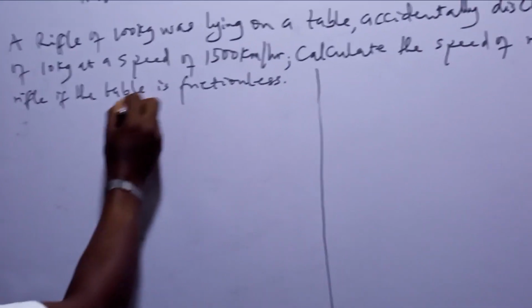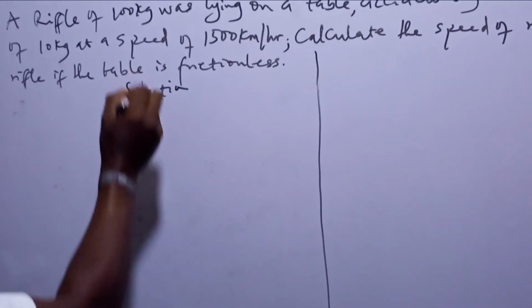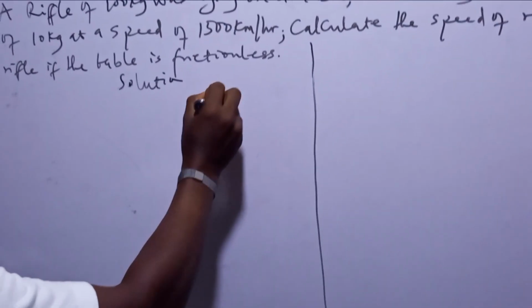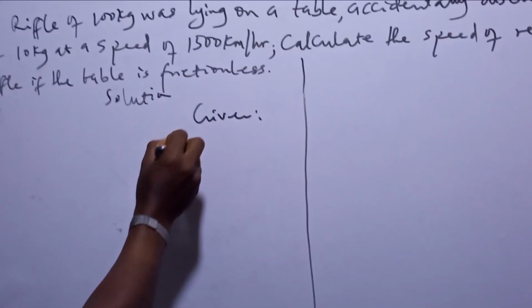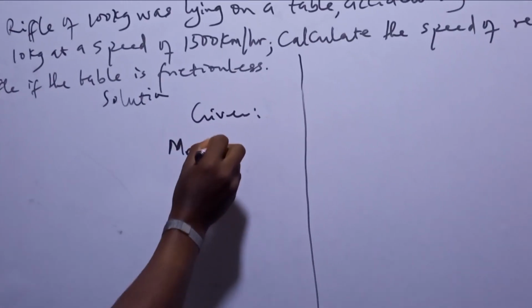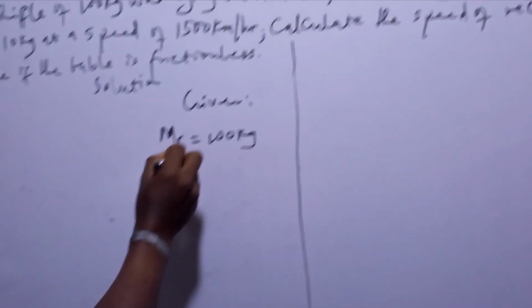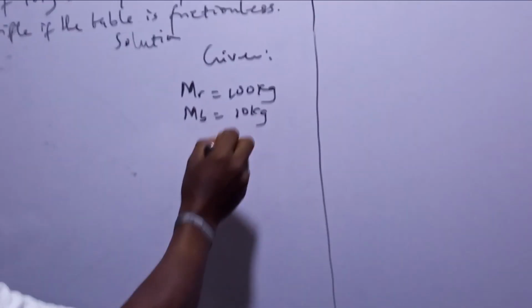We have a solution. As usual, let's see what we are given. We have the mass of the rifle equal to 100 kg. We have the mass of the bullet to be 10 kg.